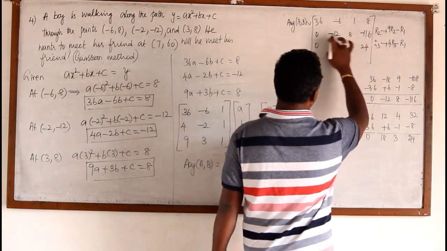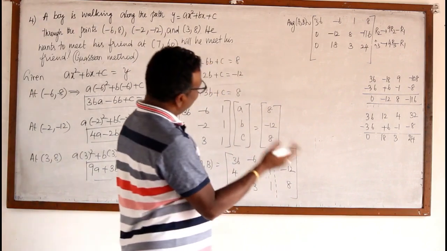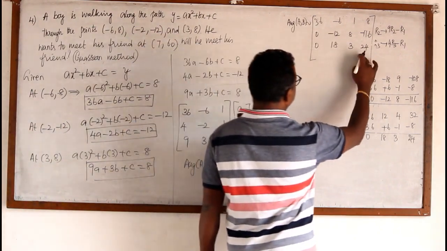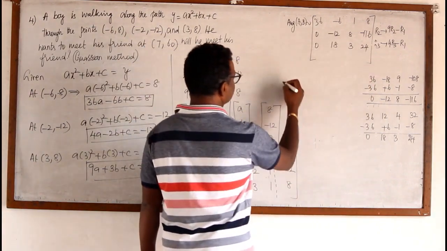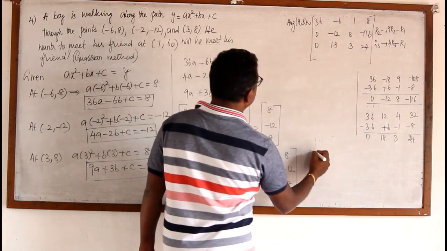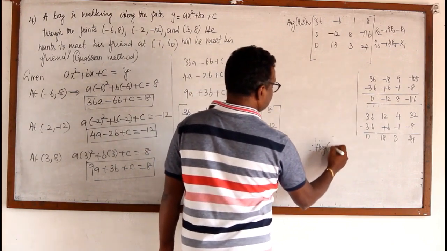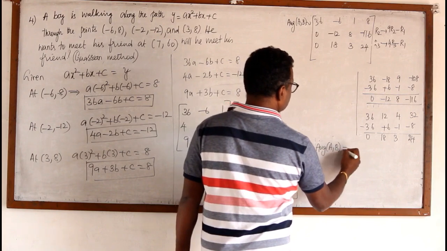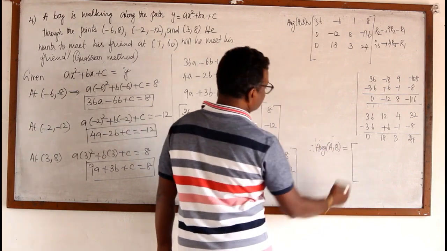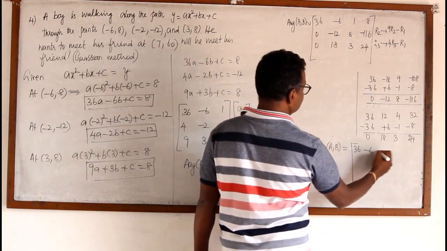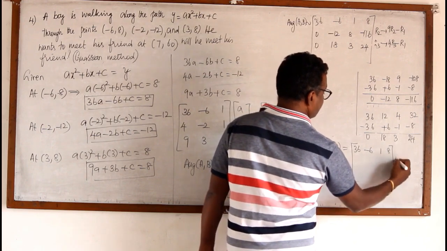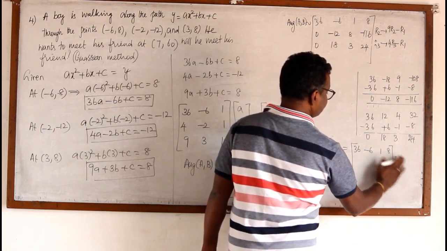I can divide the second row by 4, and similarly, I can divide the third row by 3. Let me write here itself, augmented AB. First row is 36, minus 6, 1, 8.